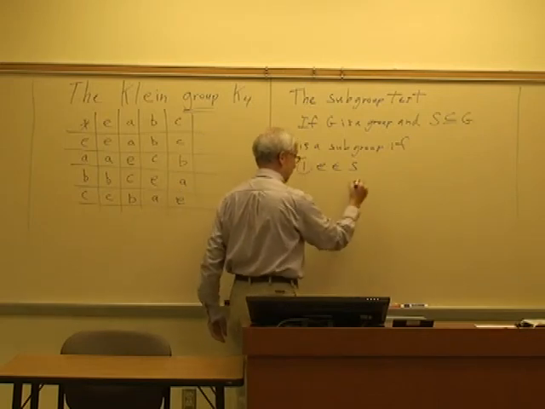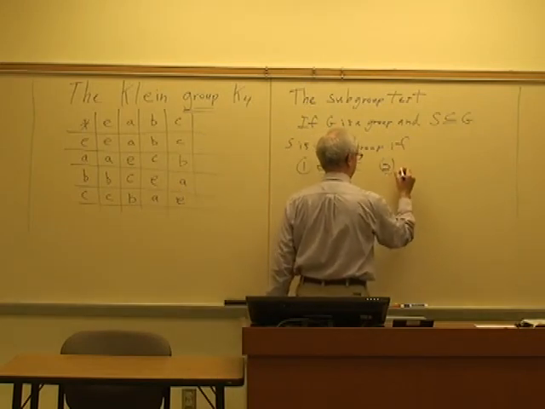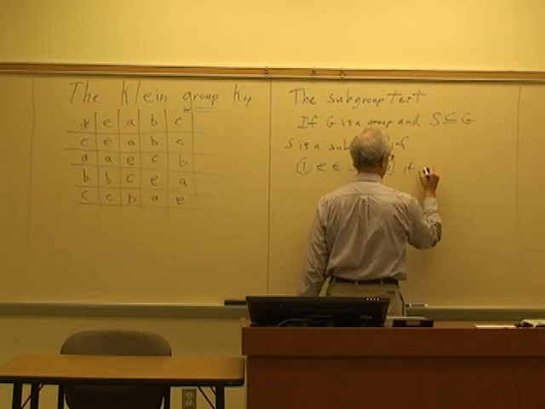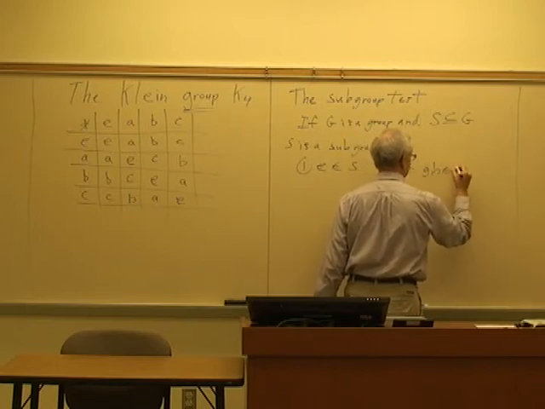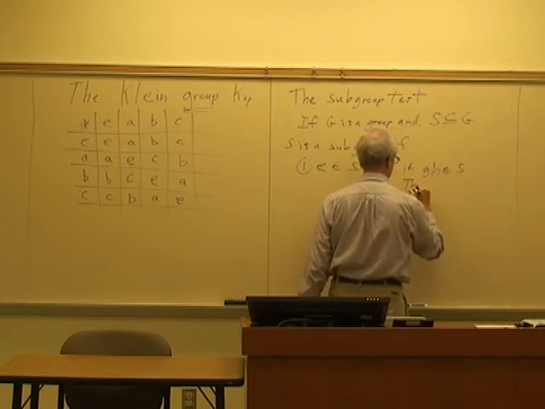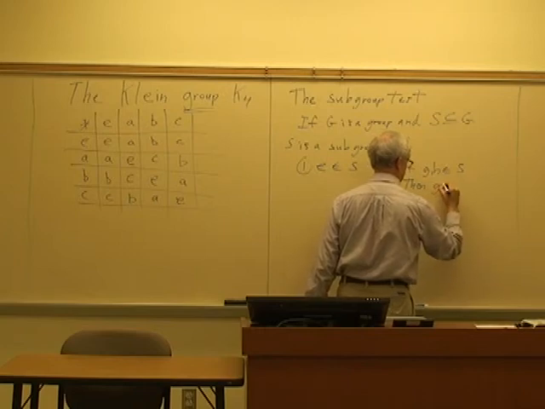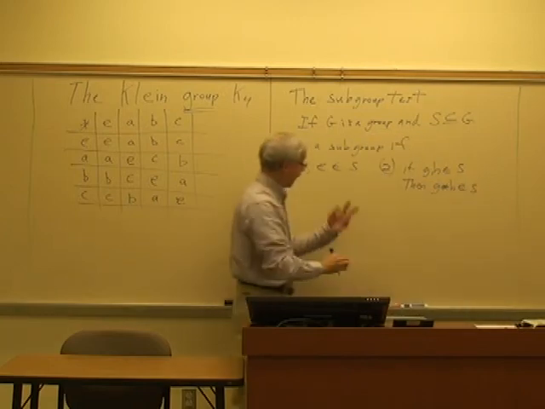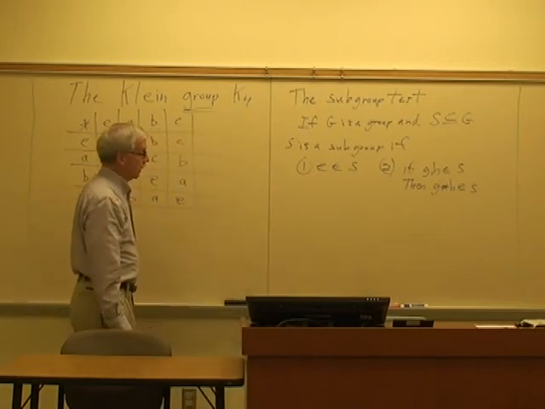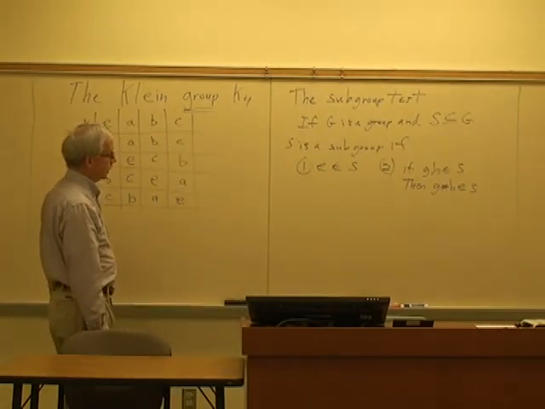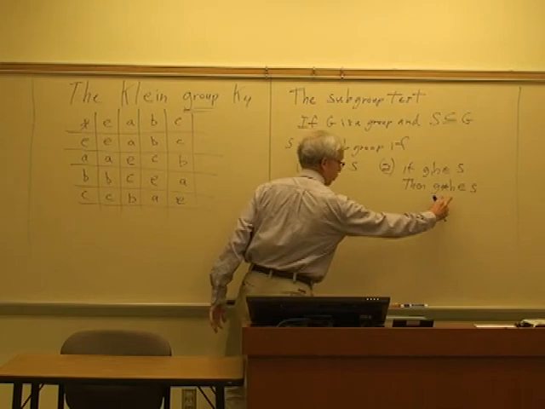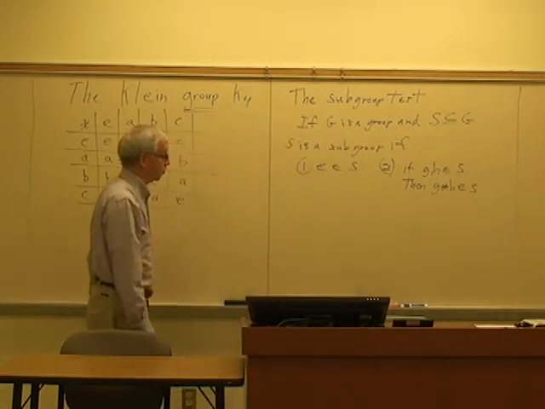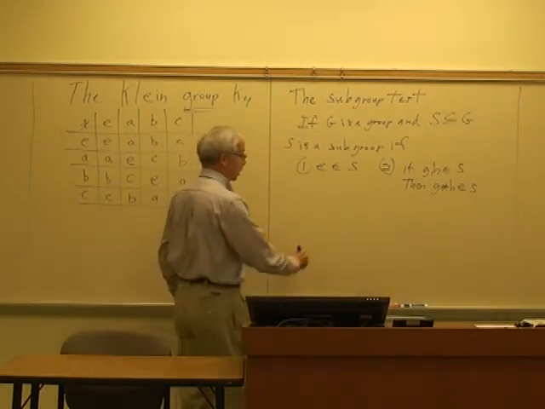That's part 1. Part 2 is I need closure. If I take any 2 elements in the subset, their product, the result of operating them together, must also be, that's closure, must be in there.